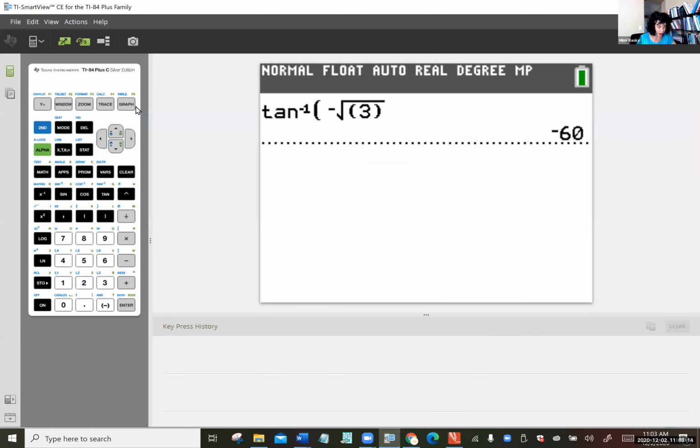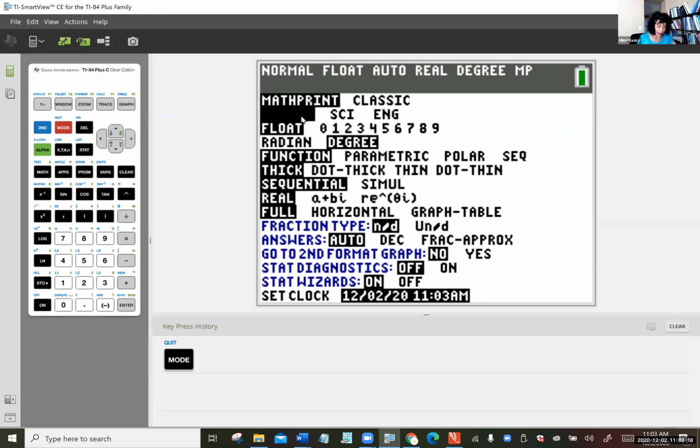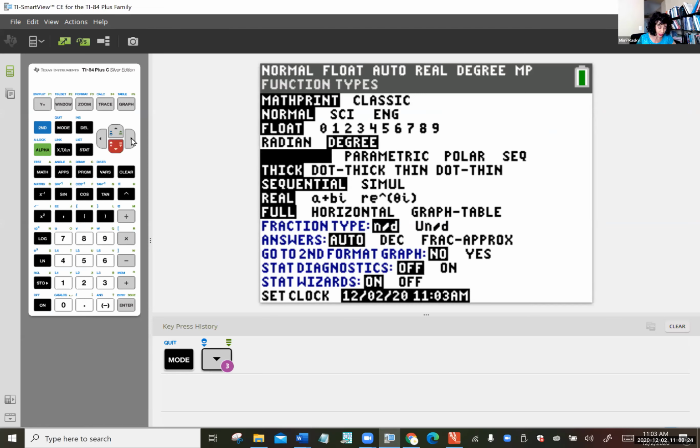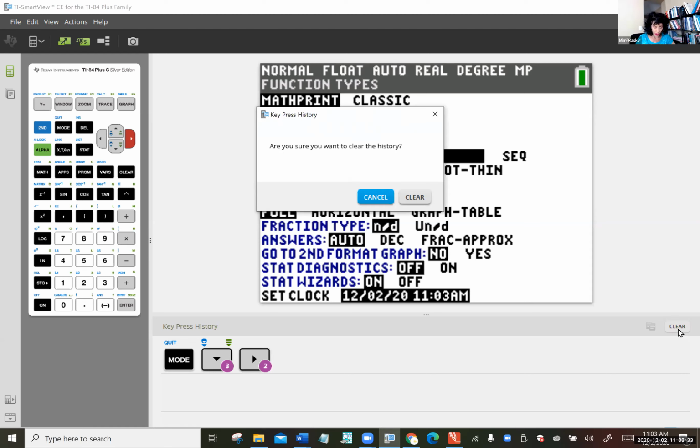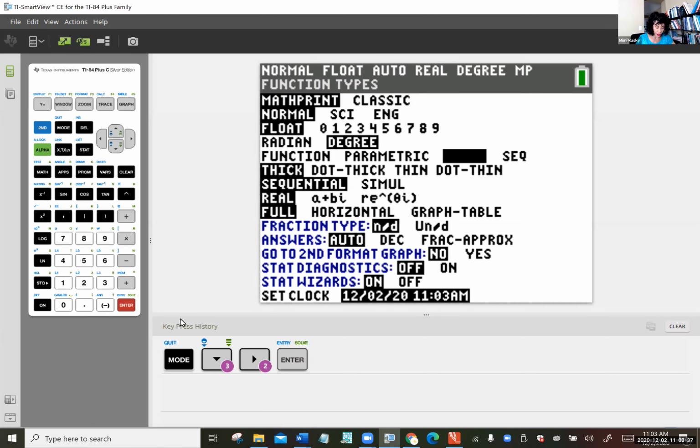So to do polar in your graphing calculator, first click on the mode key and then see where it says function. Before, we were graphing in parametric. What you want to do is go down to that row that says function and move your cursor over to the word polar. Then click enter to choose it and quit out of here.